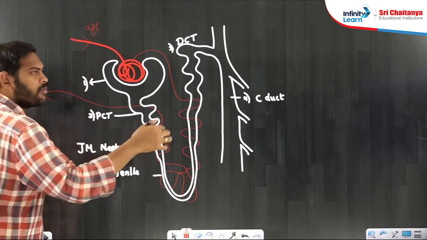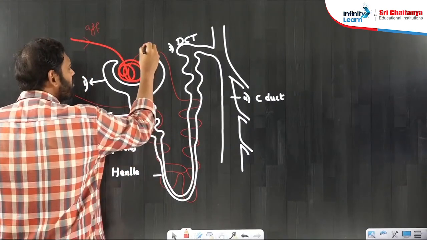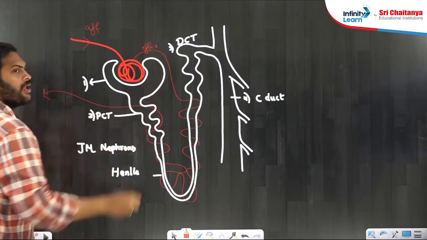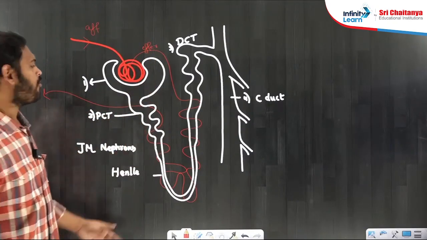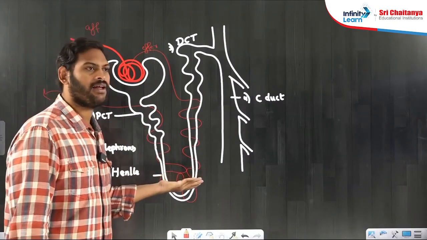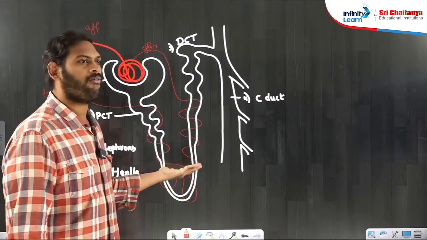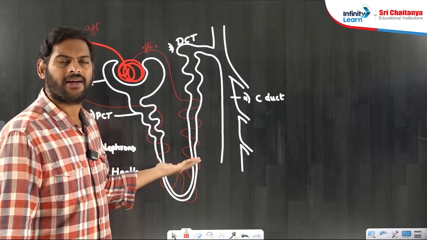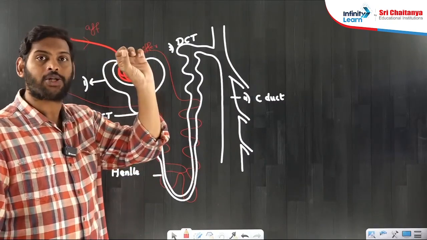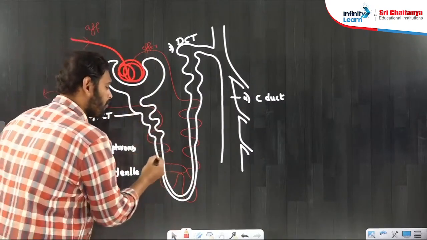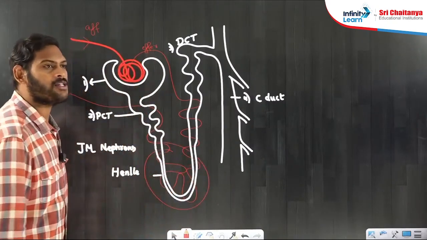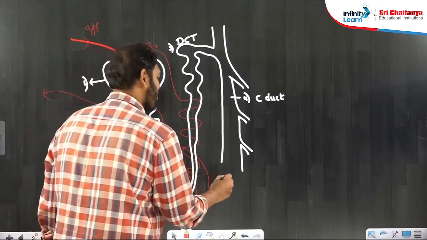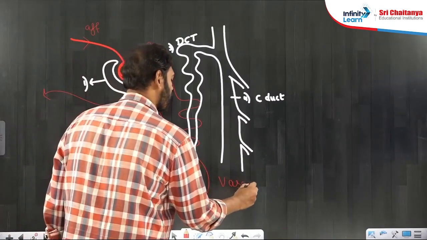Arteriole exiting Bowman's capsule, efferent arteriole. Efferent arteriole forms a network in PCT, DCT, loop of Henle, that was peritubular network, and one such network was found in loop of Henle. This was also referred as vasa recta.